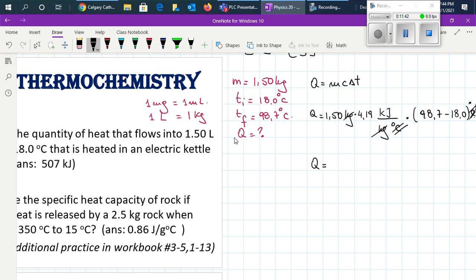So when we enter in our calculator 1.50 times 4.19 times the difference, 98.7 minus 18, we will have 507 kilojoules, which is the final answer to the correct significant digits.